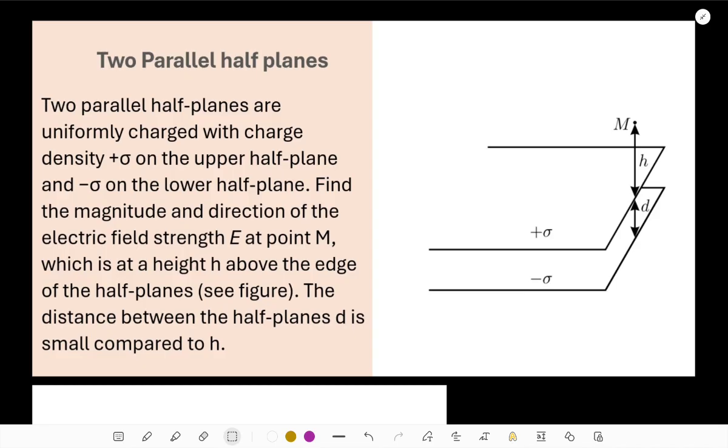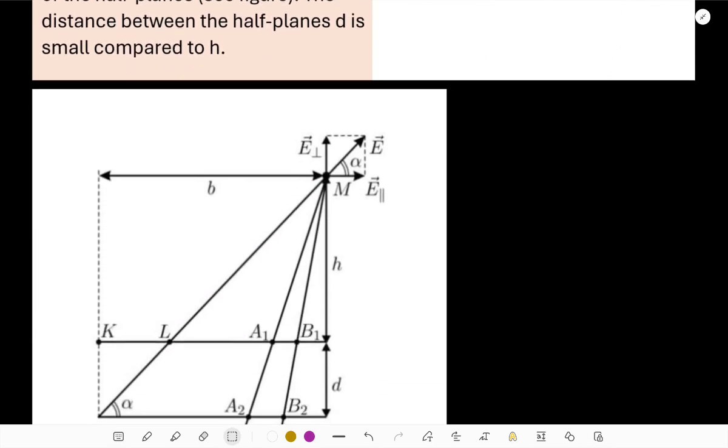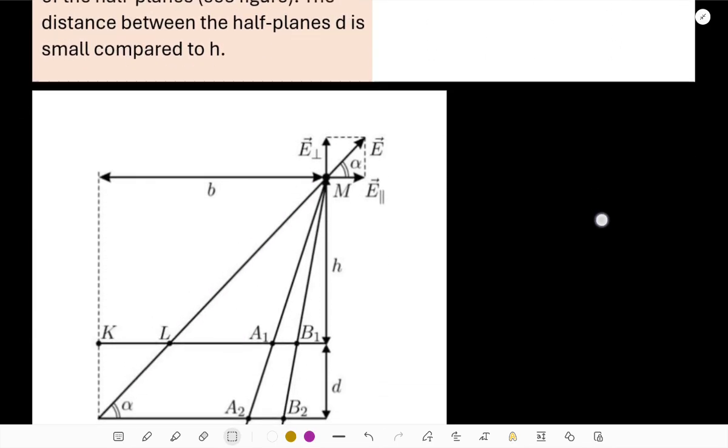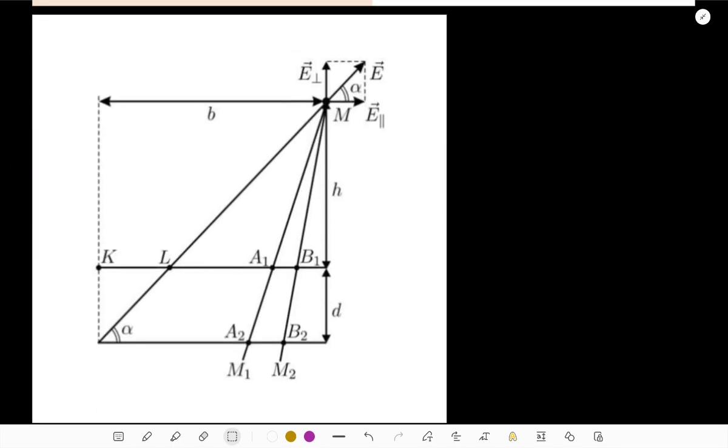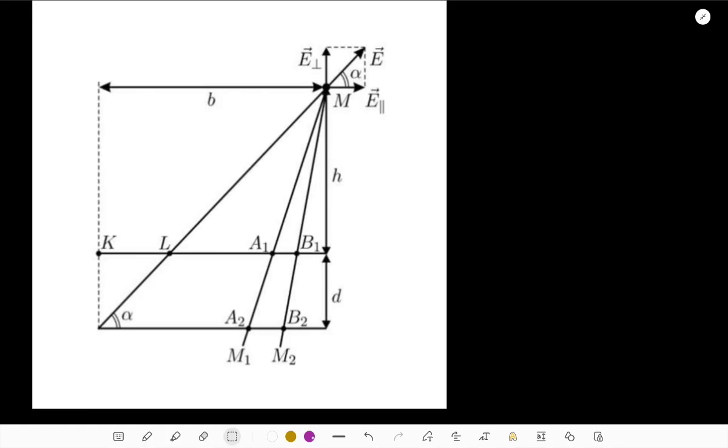Let me show you the side view of the system so that you can see the picture and recognize yourself. You can see both pictures carefully. Here in this picture we have drawn the half planes like this.